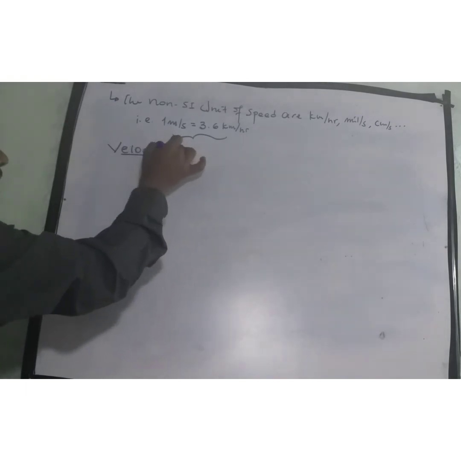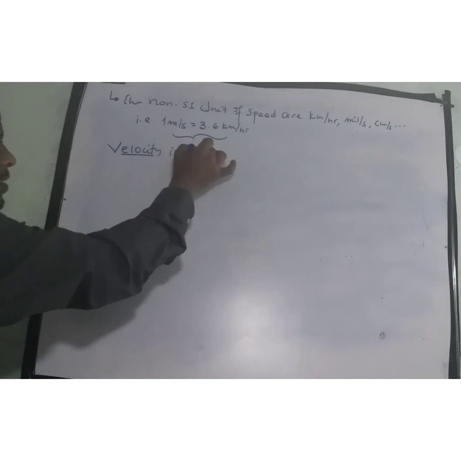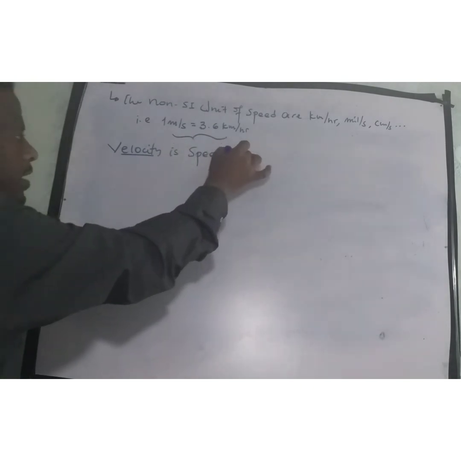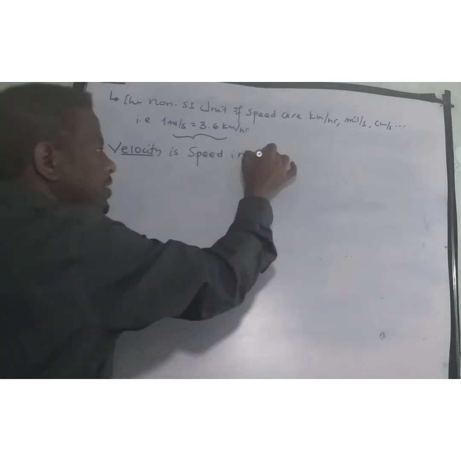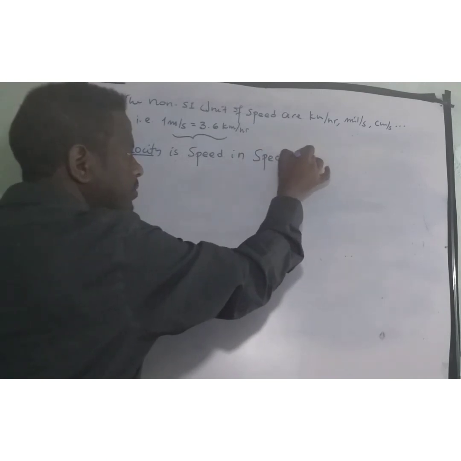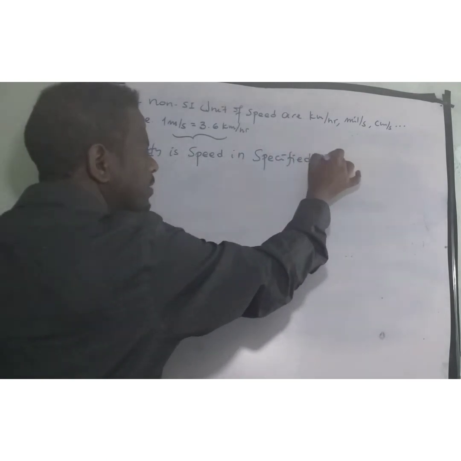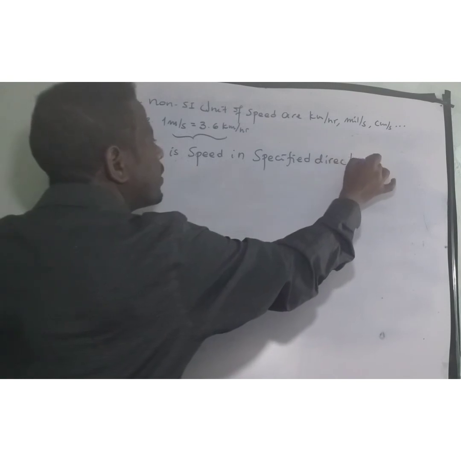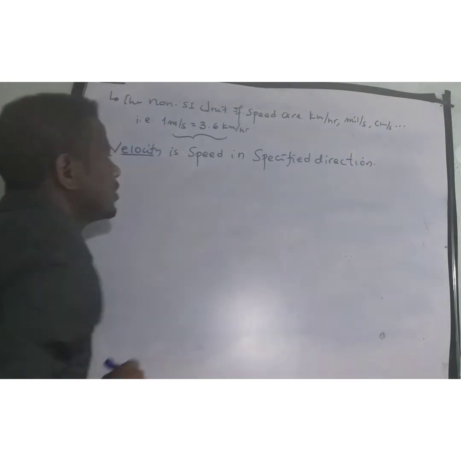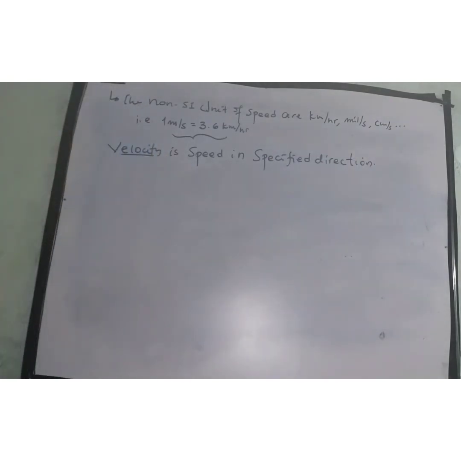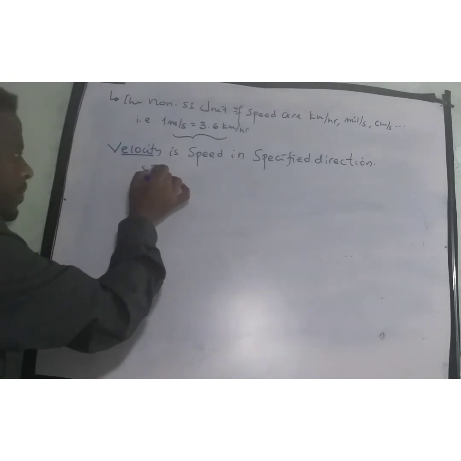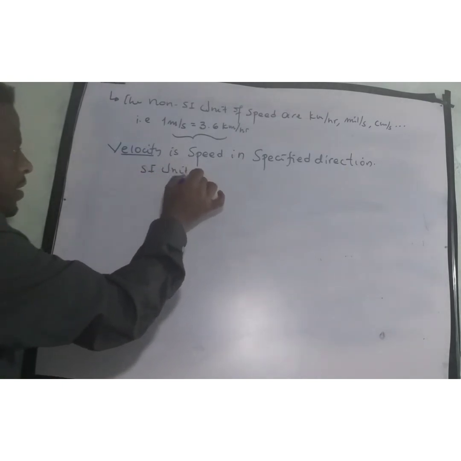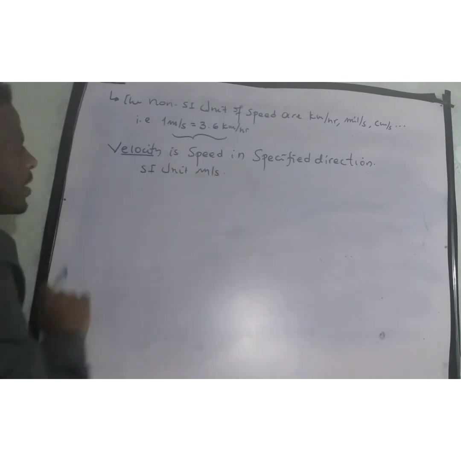The second term that explains uniform motion is velocity. Velocity is speed in a specified direction, and it has the same unit as speed, which is meter per second, SI unit meter per second.